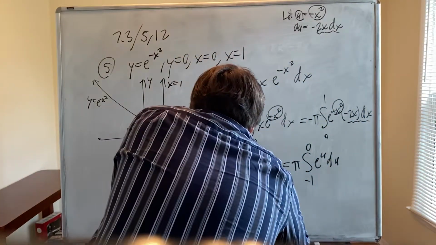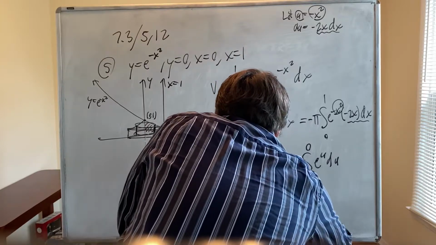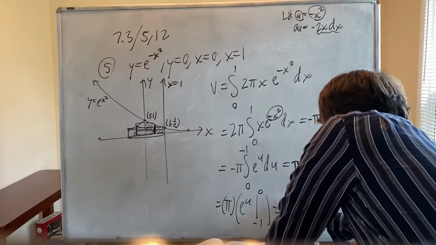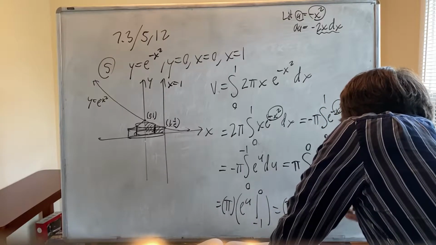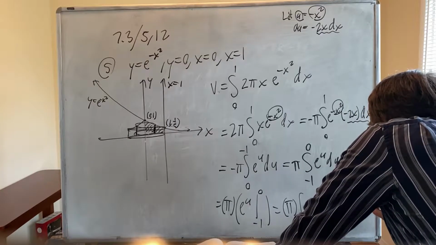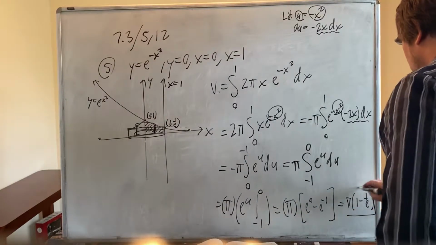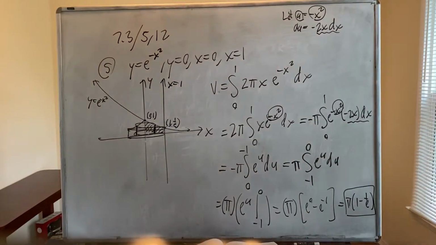And so now this is pi times e to the u evaluated from negative 1 to 0. So this is pi times e to the 0 minus e to negative 1. And so this is pi times 1 minus 1 over e. That's the answer. And so the volume of that three-dimensional object is pi times 1 minus 1 over e.